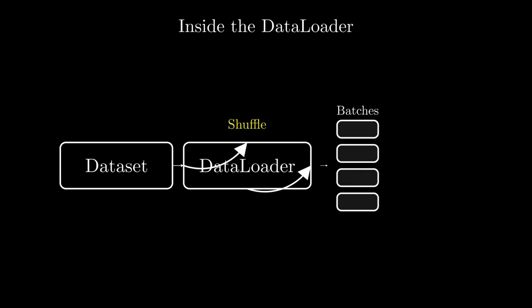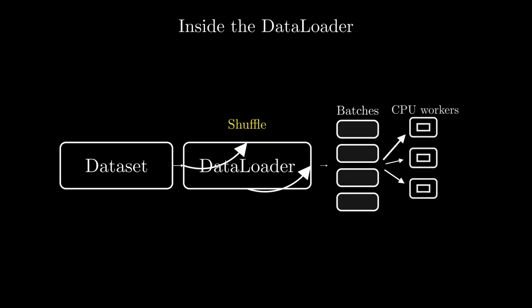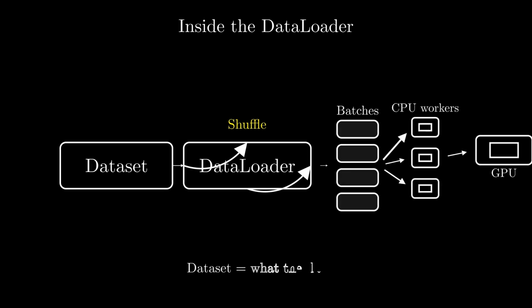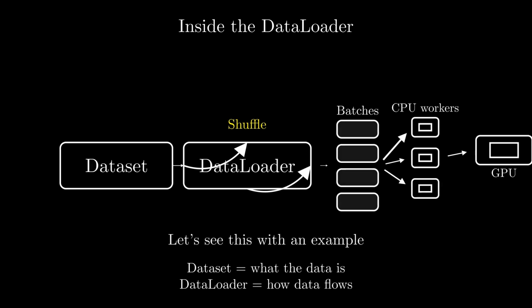It also helps you load batches of samples, and it uses multiple CPU workers for parallel loading of data. DataLoader also automatically pushes data to the GPU efficiently. So in short, Dataset defines what your data is, and DataLoader defines how your data flows through the training pipeline. Let's have a look at this with an example.